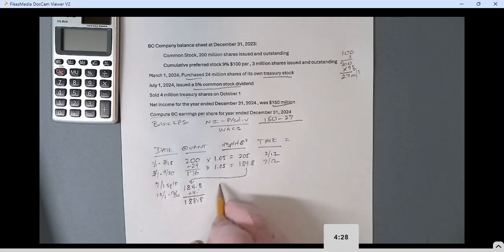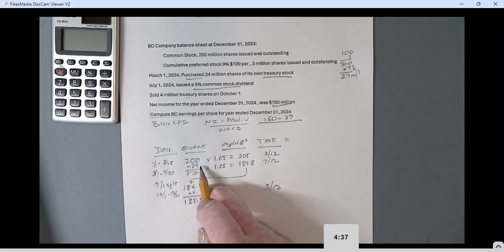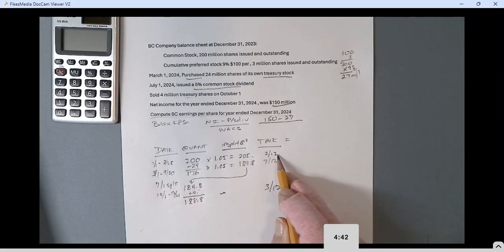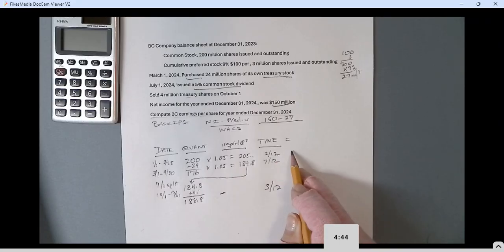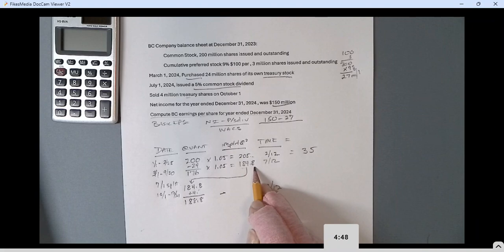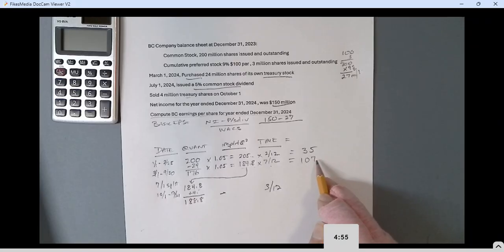And that is not split, because there's no splits after that, and I have that at 3/12. Okay, so 205 times 2/12 equals 35. 184.8 times 7/12 is equal to 107.8.